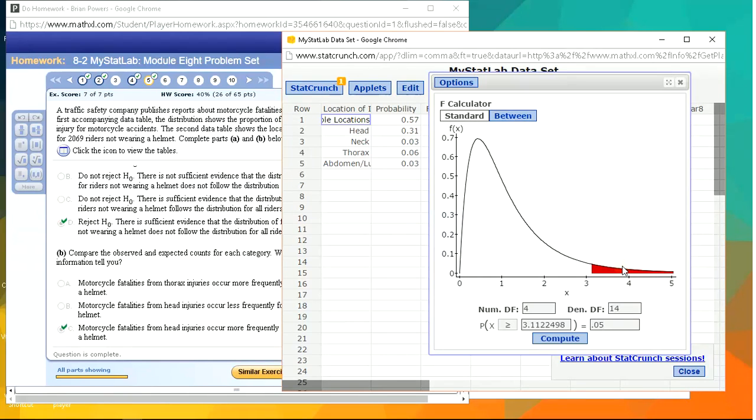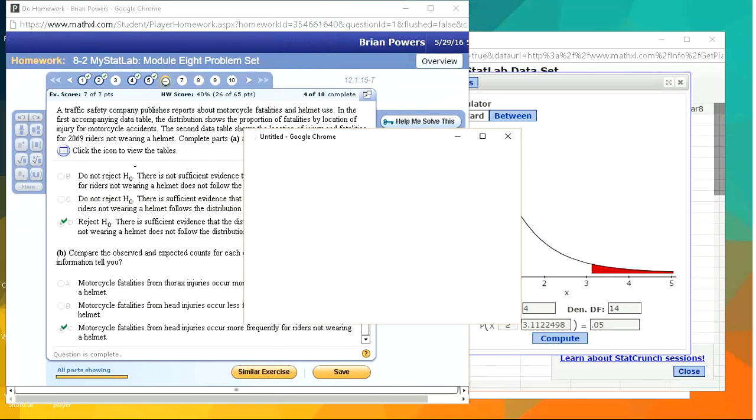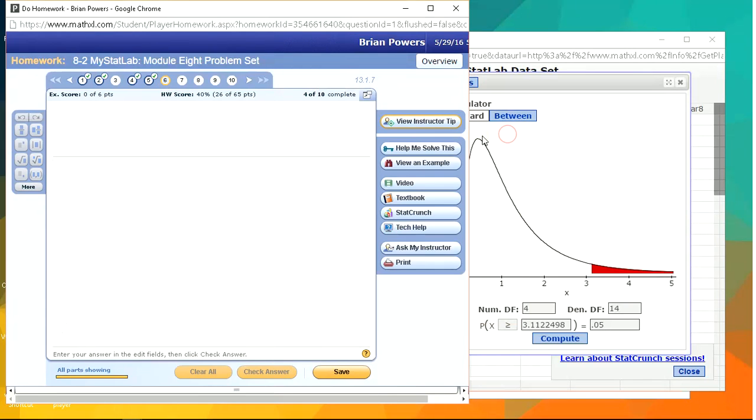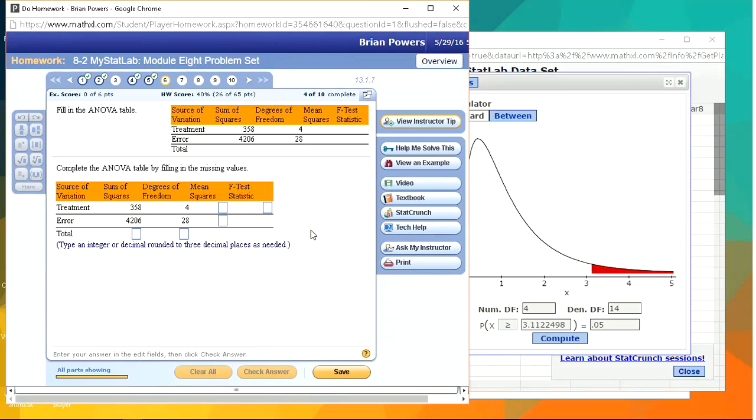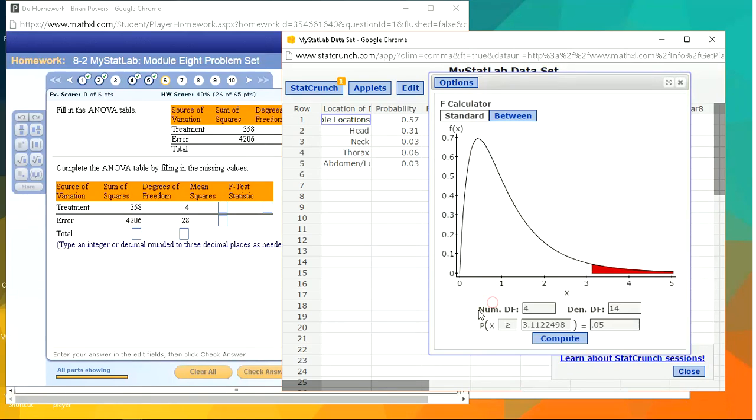So how exactly does this work? First, I want to just mention the calculation of a test statistic. Like I said, it has these two degrees of freedom, the numerator degree of freedom and the denominator degree of freedom, because the F distribution, the statistics that follow it are fractions.